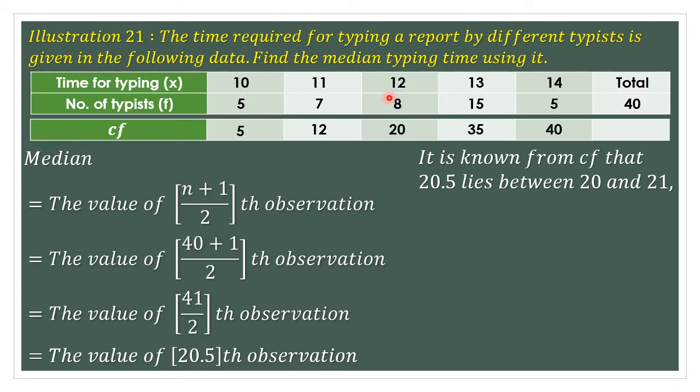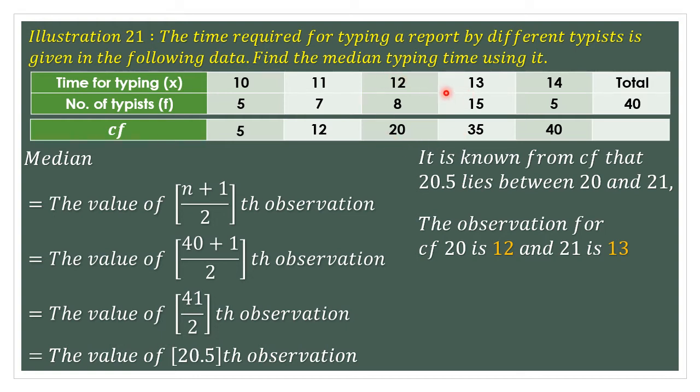So right now we have a value between two variables, 12 and 13, because the observation is 20.5, which is between 20 and the next, 21. So we have to write a statement that the observation for CF 20 is 12 and for CF 21 is 13.